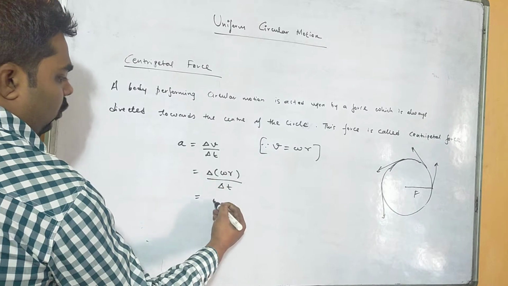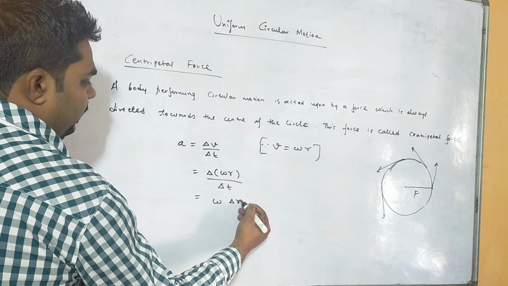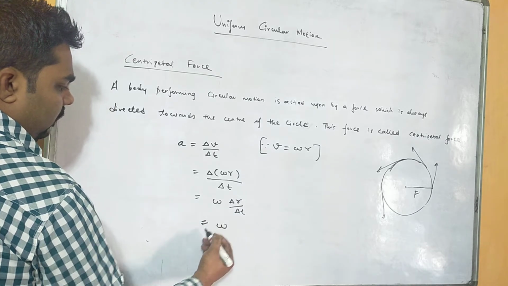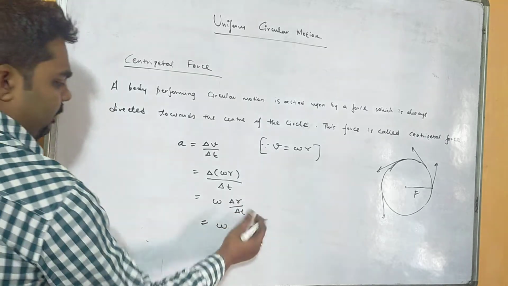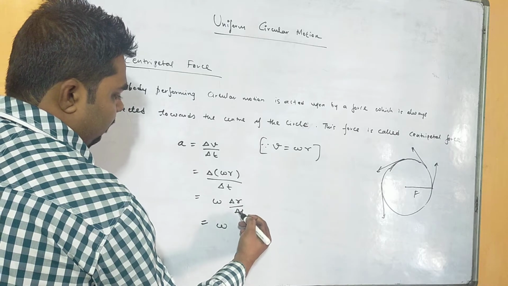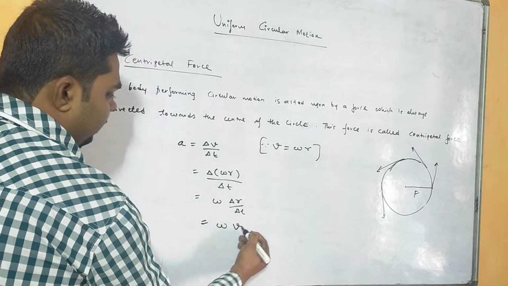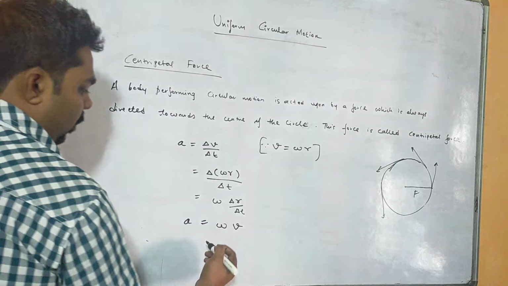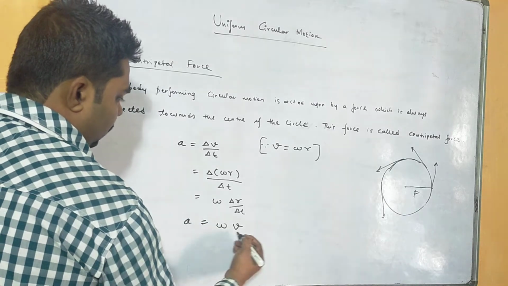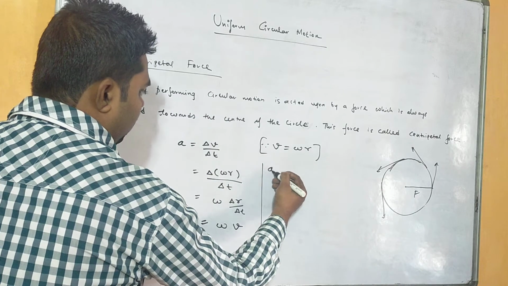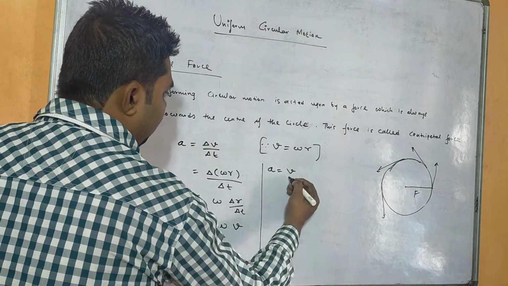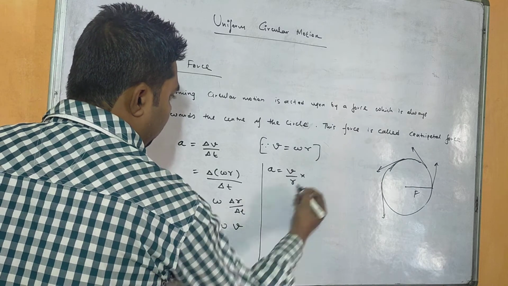So omega, if I take it out common, what will be here? Del r by del t. This is displacement and time. So displacement by time, what can we write here? That is velocity. Or a equals omega v, and omega can be written as v by r, so a equals v by r into v.